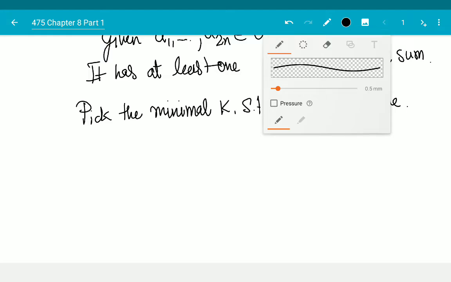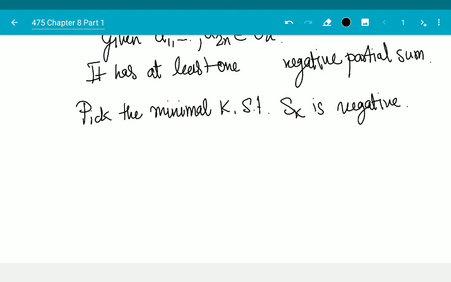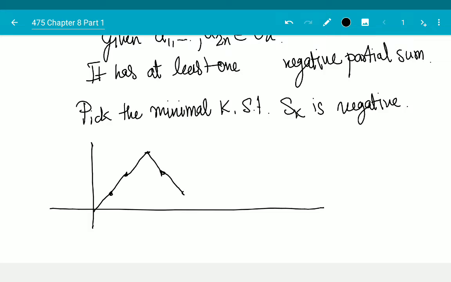This has at least one negative partial sum because otherwise it would be in A_n, right? I am going to call that partial sum s_k. So my sequence looks possibly something like this, and then -1.